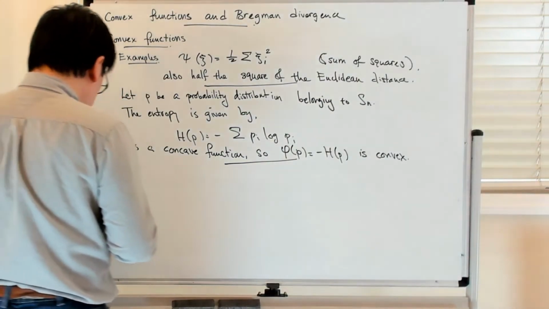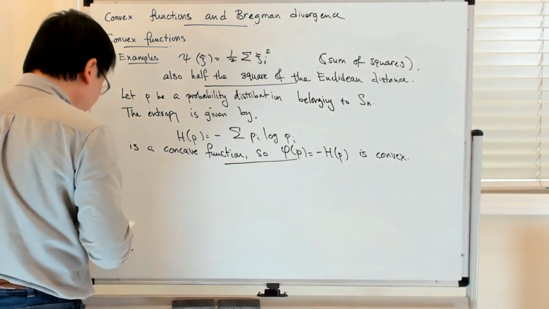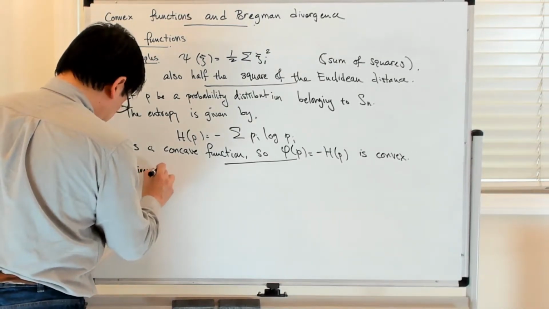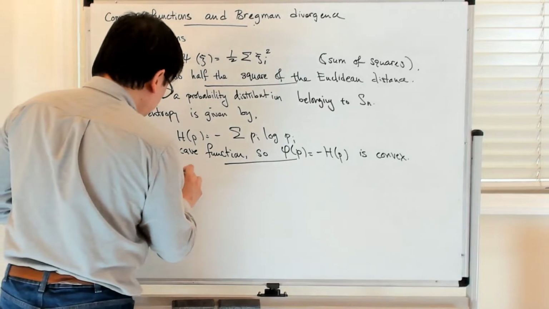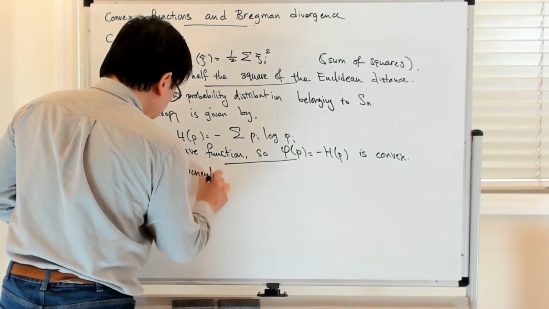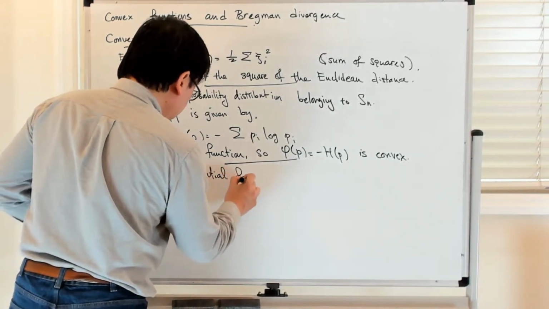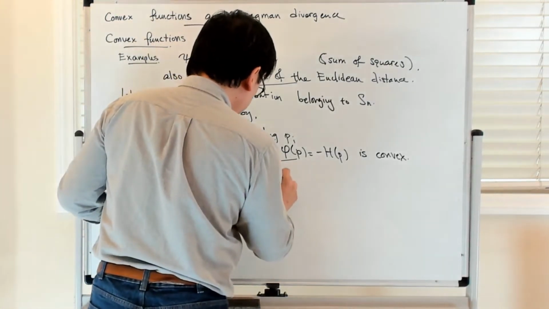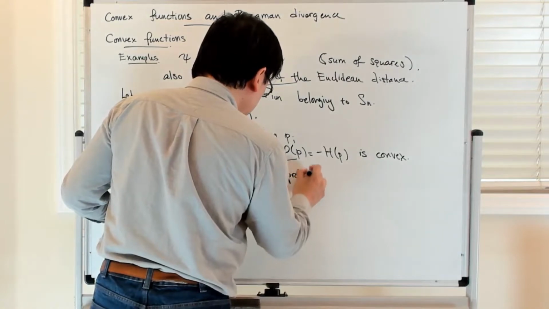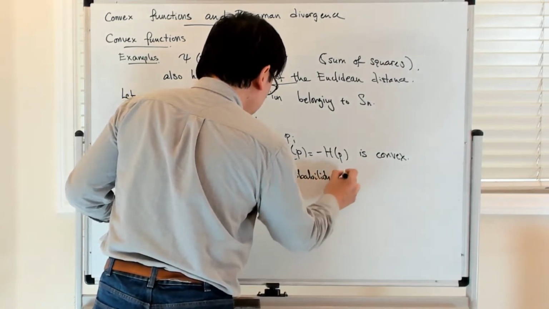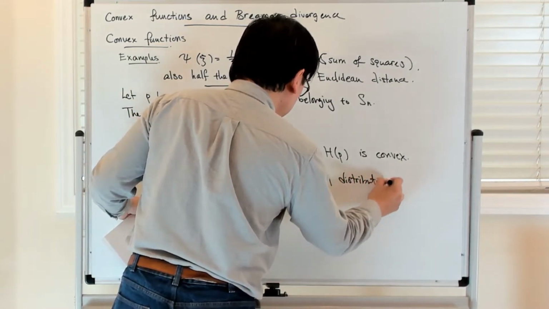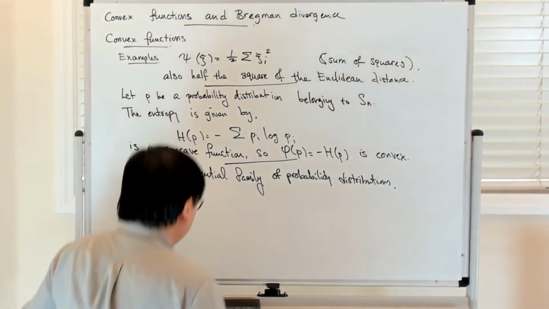Let's look at something coming from probability. Given an exponential family of probability distributions, what I mean by that is the following.